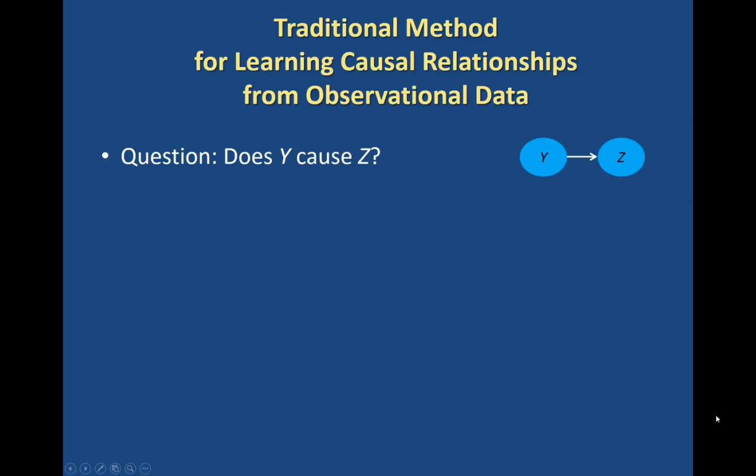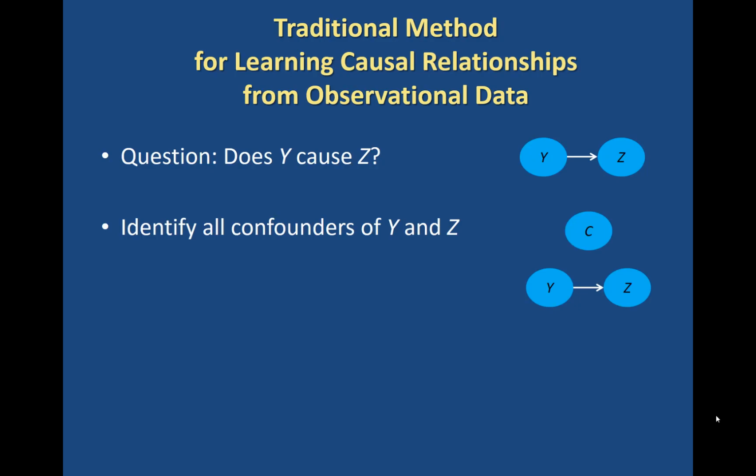So let's suppose that we're interested in evaluating whether or not Y causes Z. The traditional method for doing this would involve identifying all confounders of Y and Z, and here those are just being represented by a single variable C, but in general C would contain a set of variables that include all the ways that we can think of that Y and Z might be caused by some common variable.